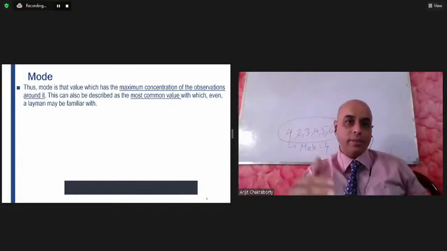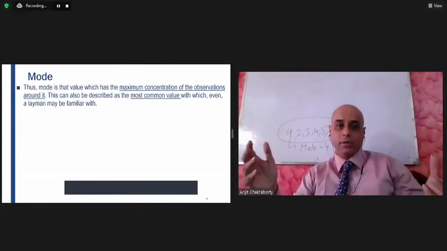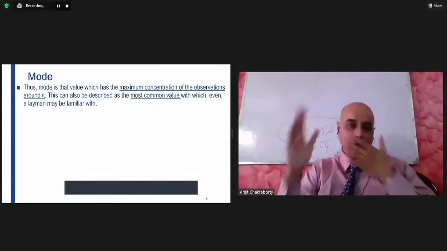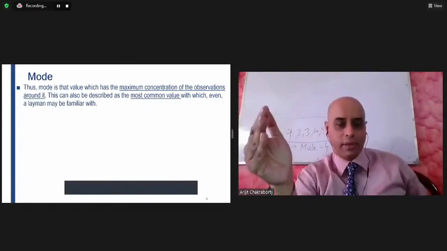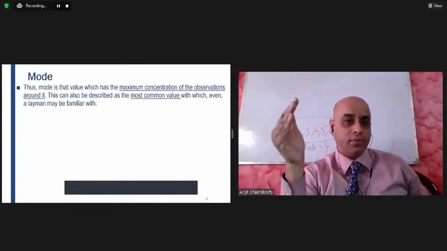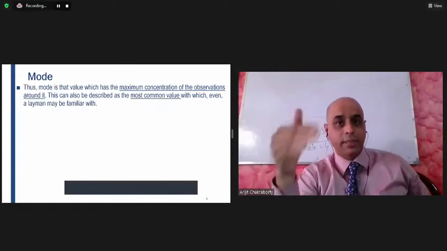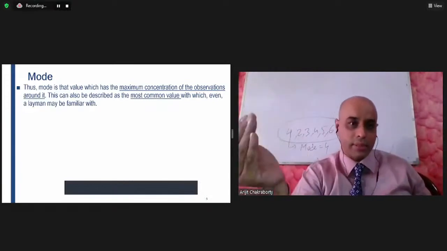It is not affected by other numbers which are on the extremes. Even if you have extreme numbers, it doesn't make a difference. Median will always be the middle value. But in the case of mean, yes, extreme numbers can make a difference.